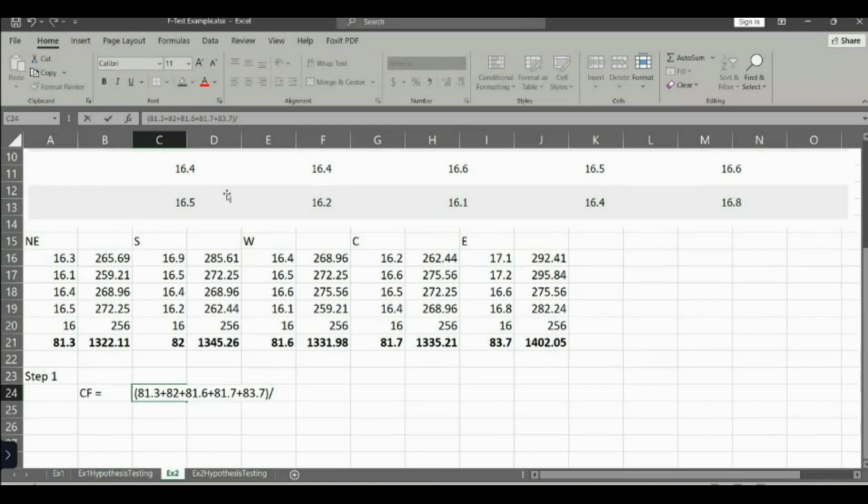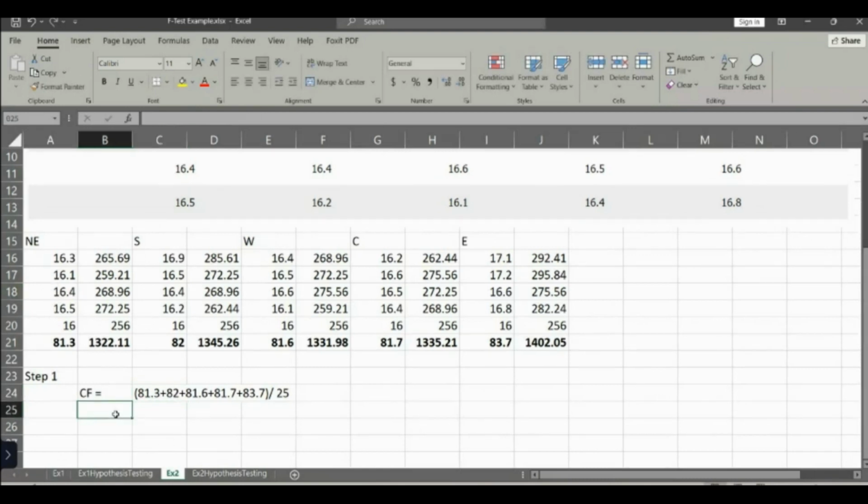How many regions do we have? 5. So 25. There are 25 random teenagers, 5 each of the region here.